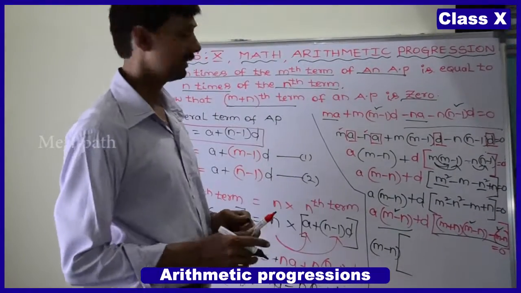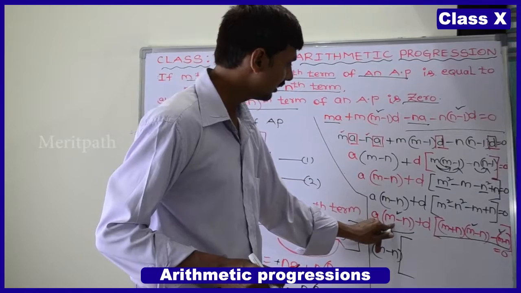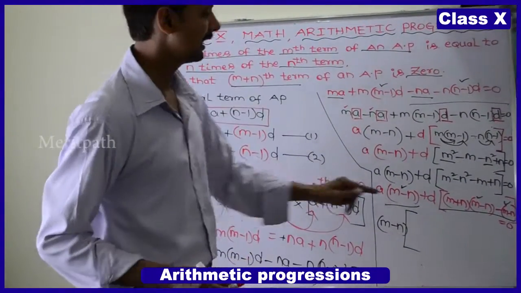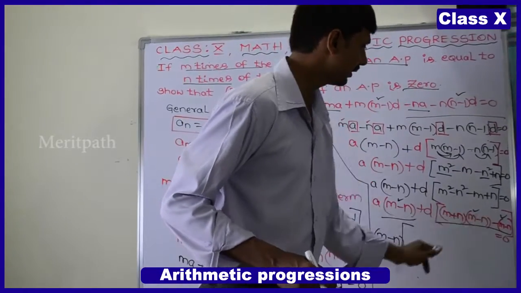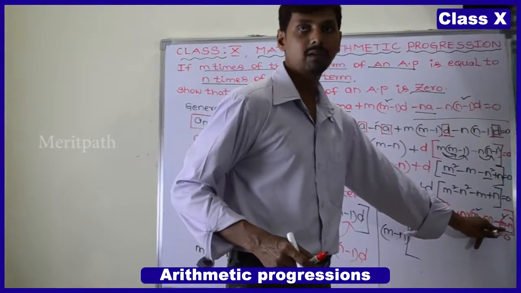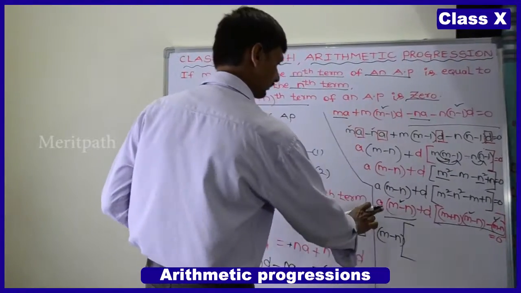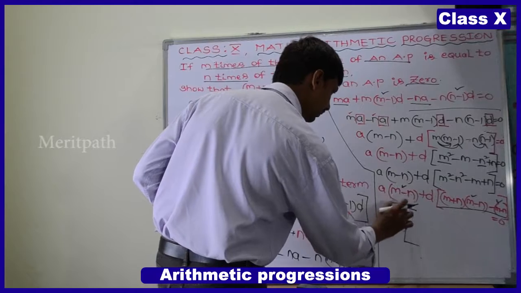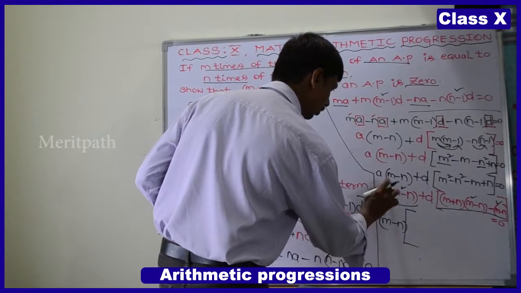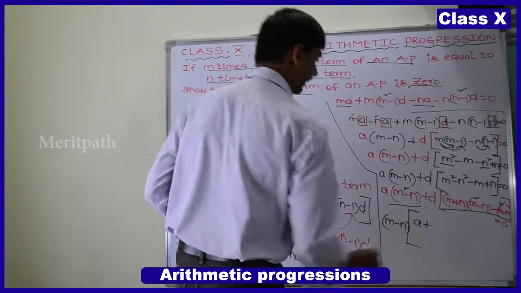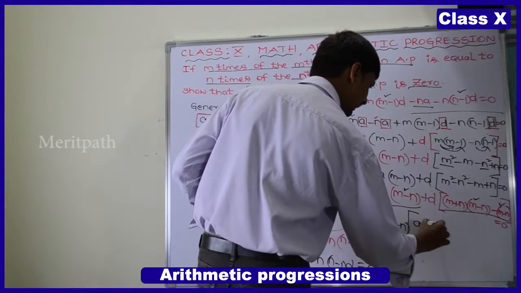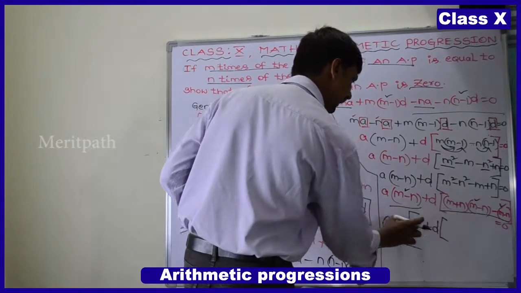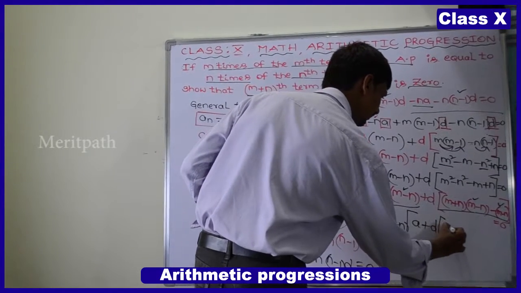After taking M minus N common, 1 is left out from the first, A plus D into D same as it is, and M plus N is left out here.